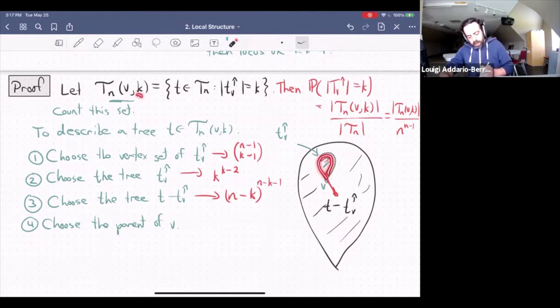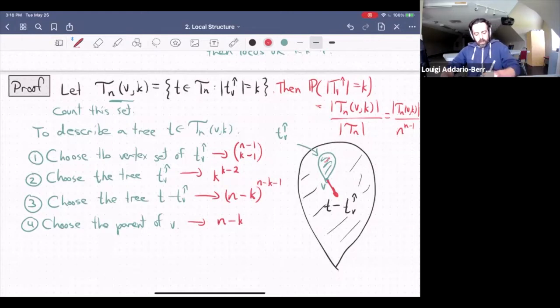This subtree here has less than n vertices, which means that this brown tree is non-empty. It has a root. And finally, once I've chosen the brown tree, then I can choose what this point of attachment here is, and that could be any vertex in the brown tree. So there's n minus k possibilities.